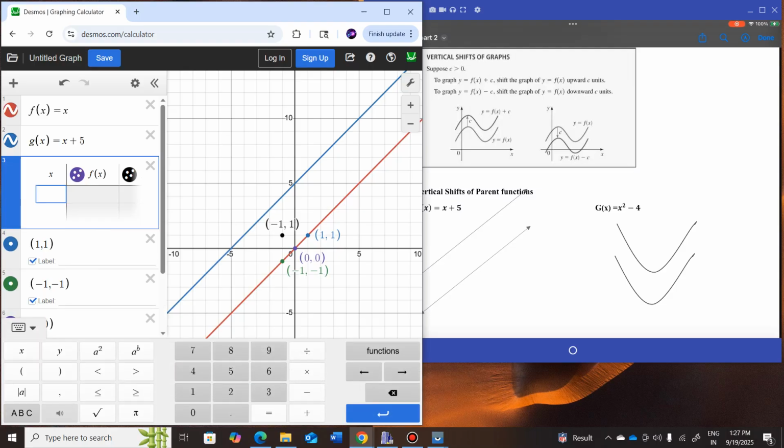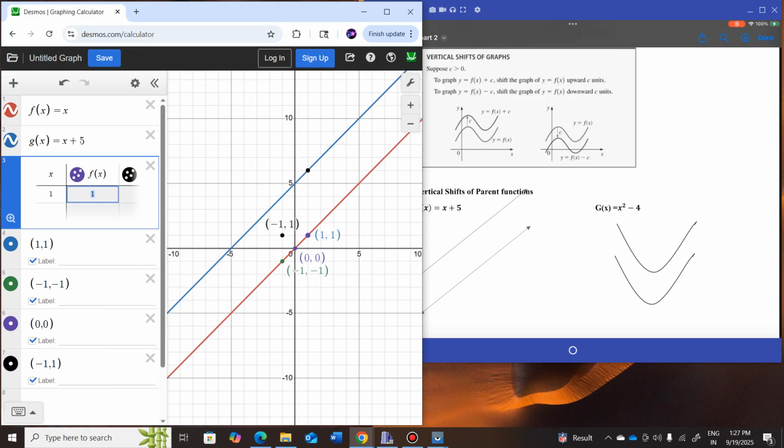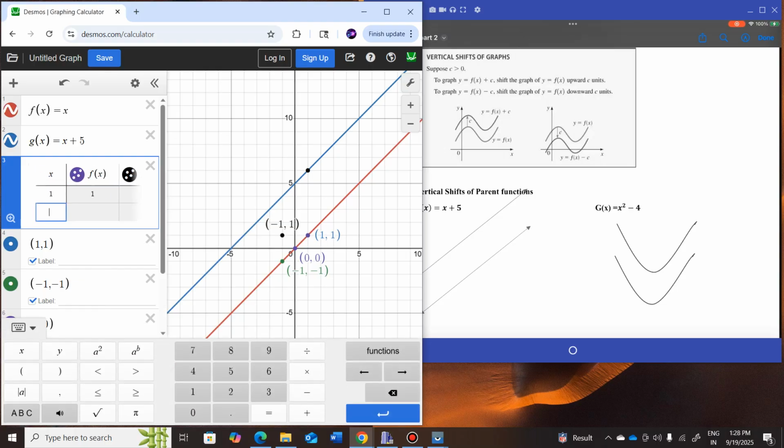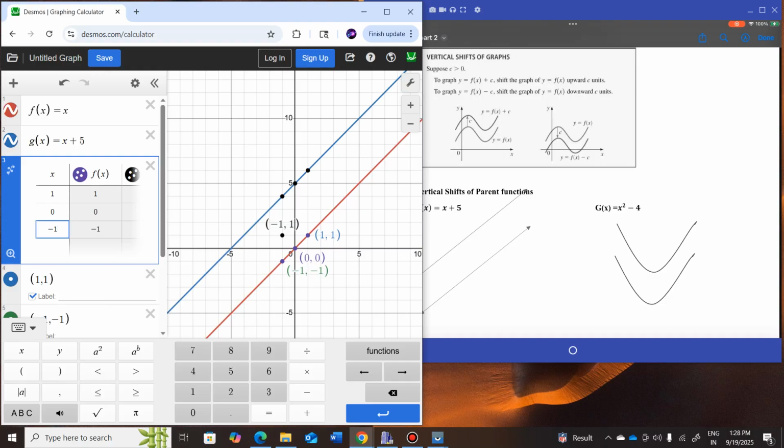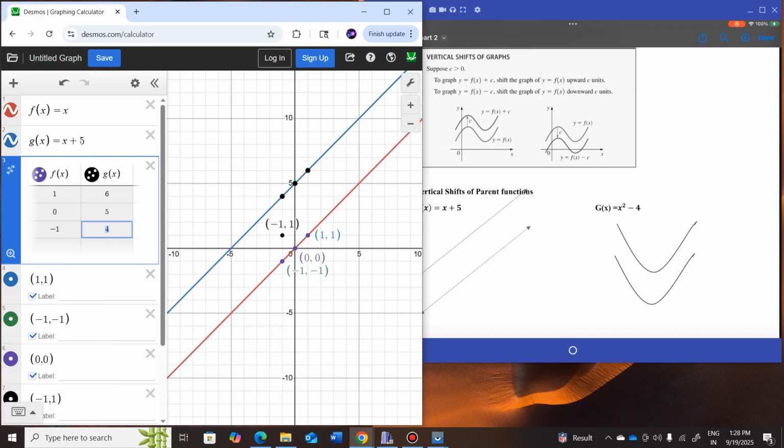So if we look at x equals 1, for instance, it's 1 for y equals x, it's 6 for y equals x plus 5. So the point 1, 1 jumped to 1, 6, went up 5. Okay, and if we look at the other points, 0 went to 5, negative 1 went to 4. Again, it's all the same vertical jump.